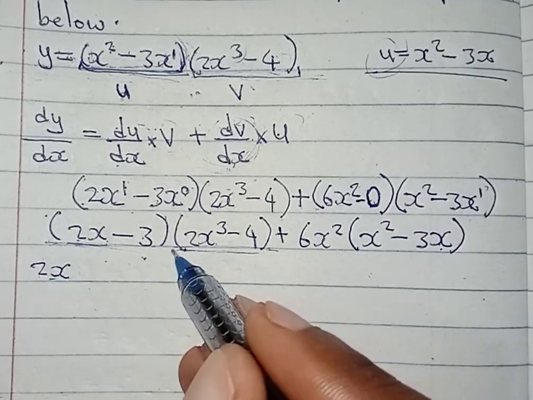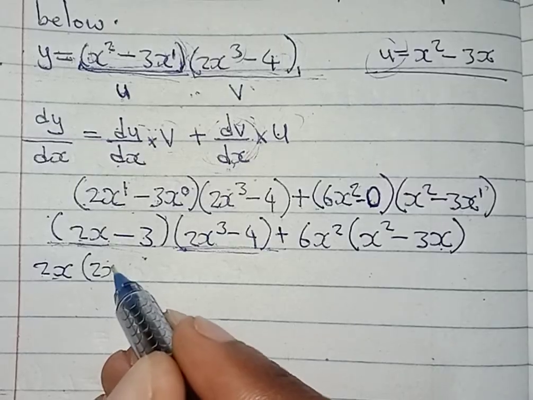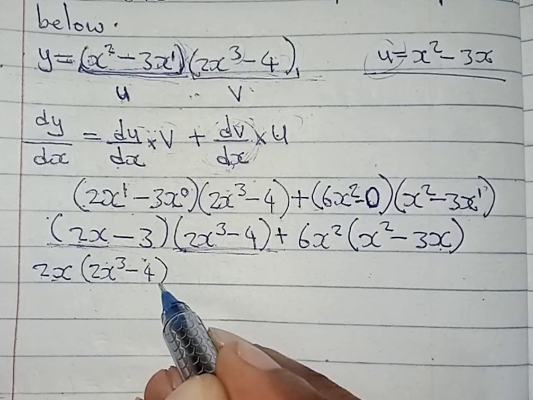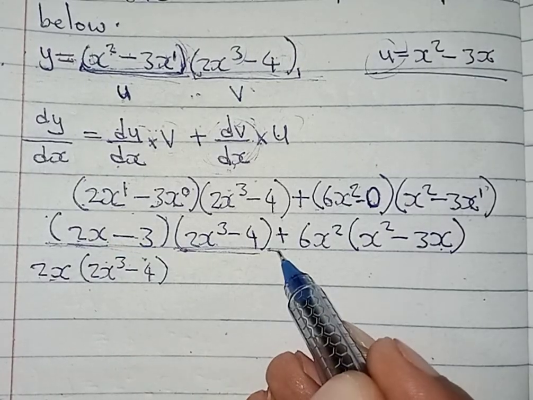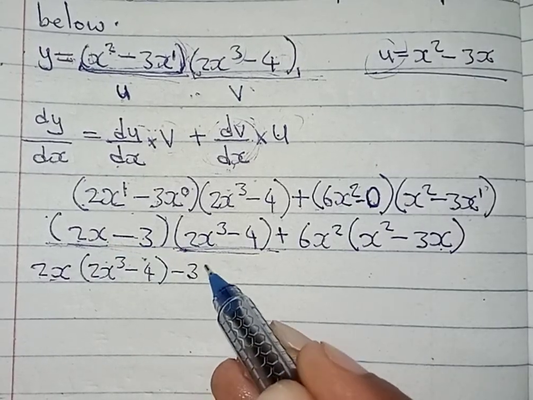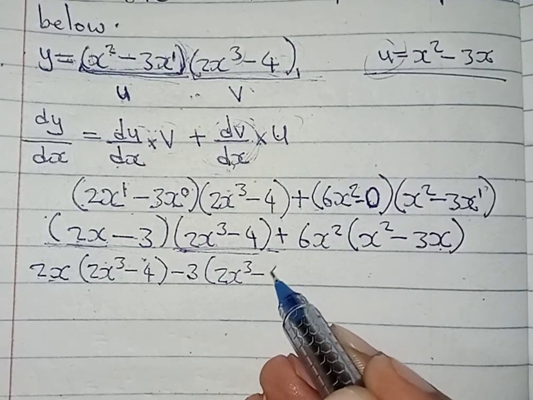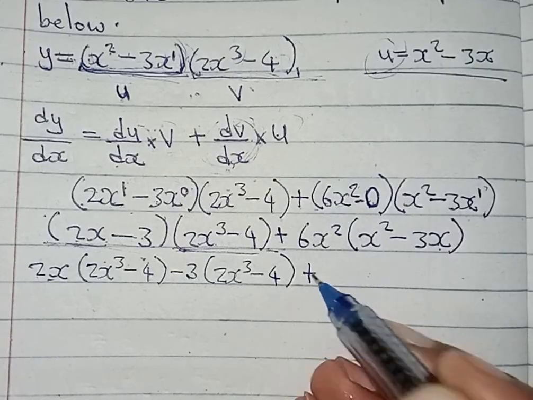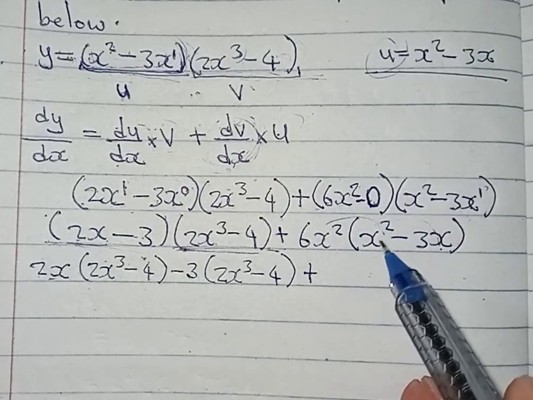So 2x multiplied by this. So we say 2x to the power 3 minus 4, like that. Secondly, we have negative 3 multiplied by everything in here. So we say negative 3 multiplied by 2x to the power 3 minus 4, close parenthesis. On the other side, we don't need to struggle, just distribute over parentheses.